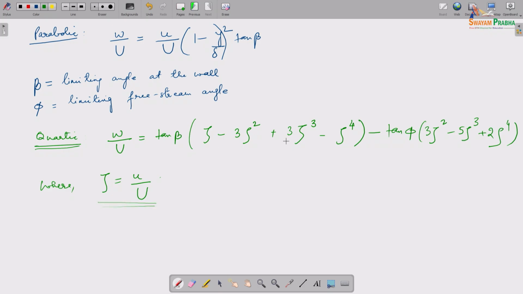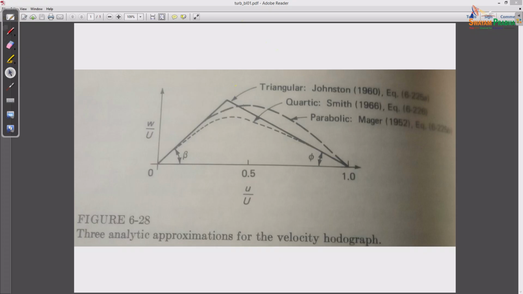So this is again the relationship between W and U, right. So if I go here, so that's the quartic one, the dotted, this one is the quartic.